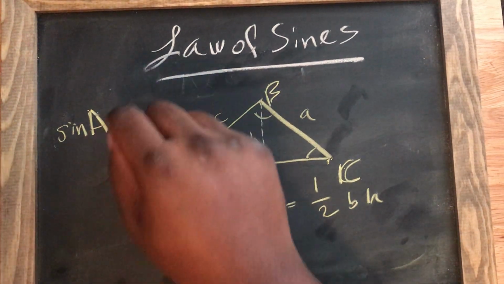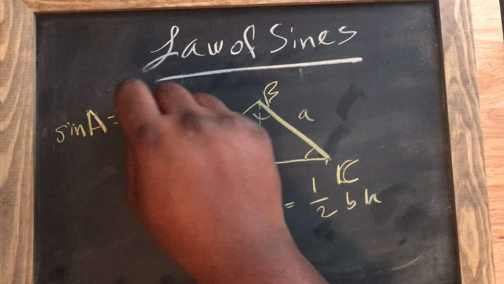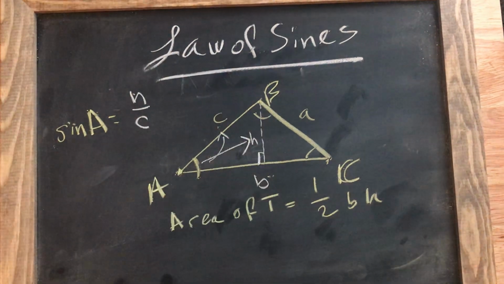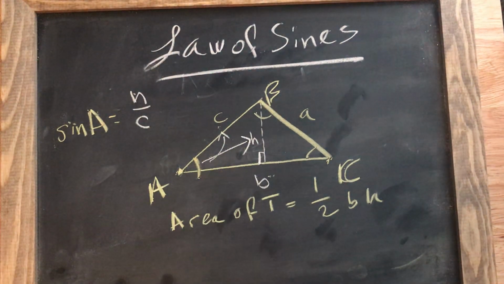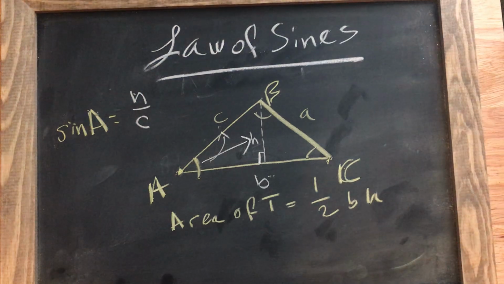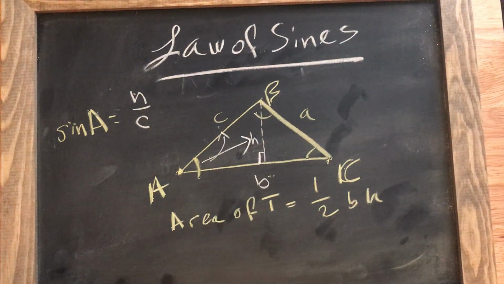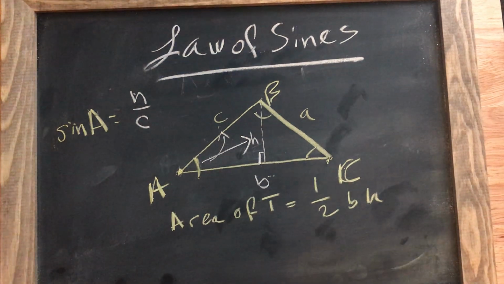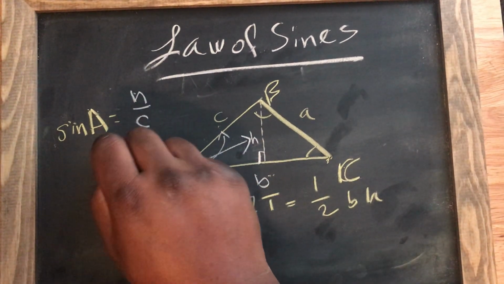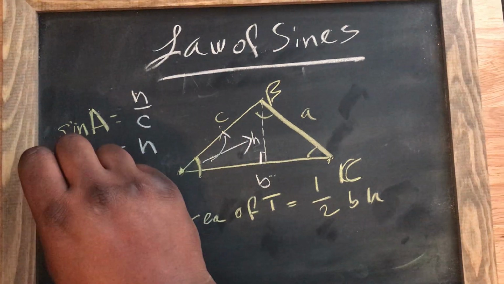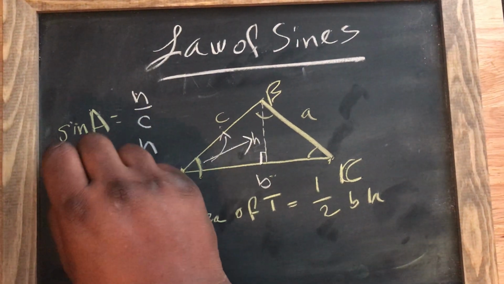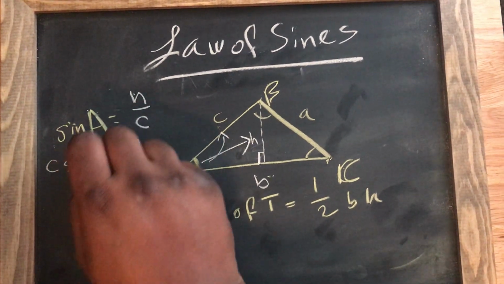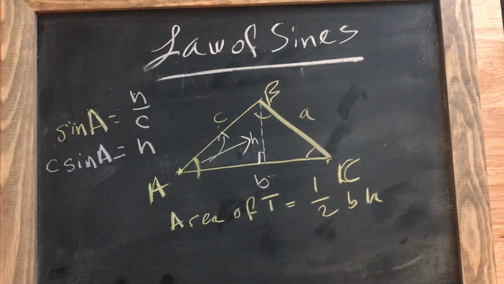So sine of A is just going to be H over C. Now let's take this a step further. What if I want just the height by itself? Well, that would be H equals C sine of A.